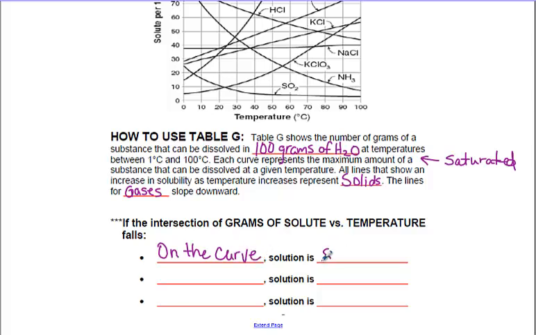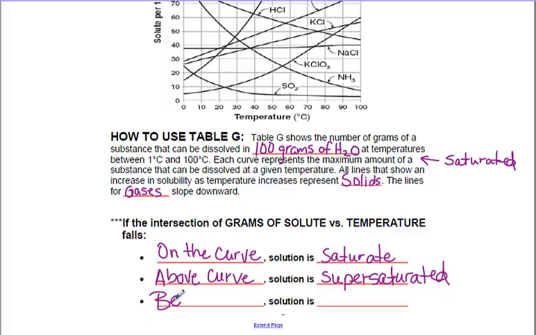Above the curve, when we plot our point and see that it is above the curve of the substance we're looking at, then it's going to be considered supersaturated. And take a guess, okay? If it's below the curve, then it's going to be unsaturated.